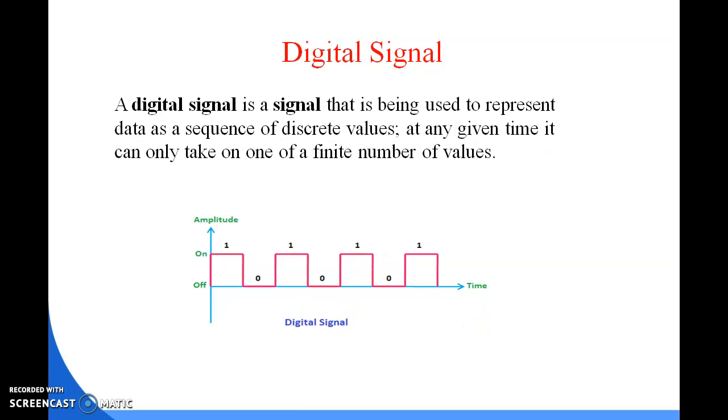Next, the digital signal. A digital signal is a signal used to represent data as a sequence of discrete values; at any given time it can only take on one of a finite number of values. That is the difference between the analog and digital signal.